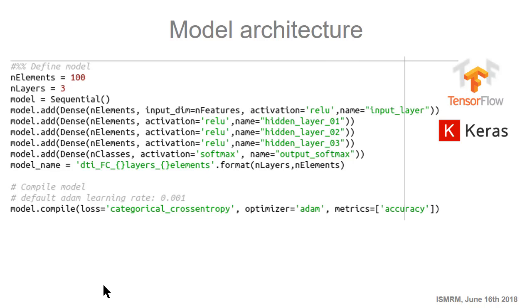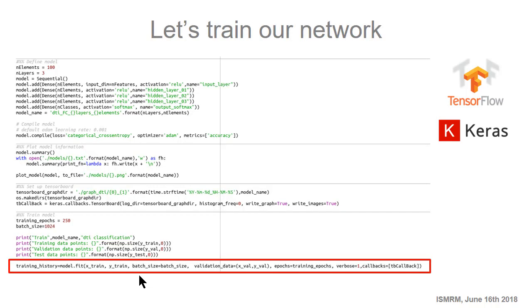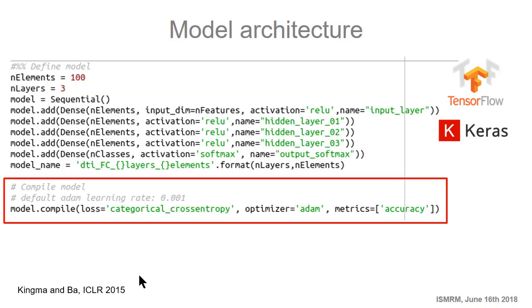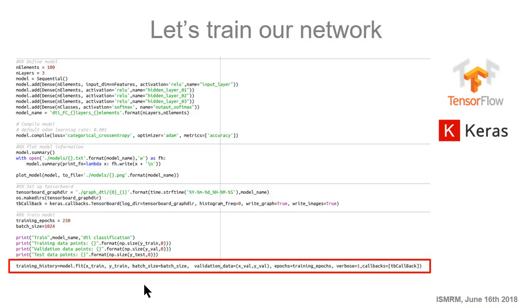This essentially builds your computational graph, puts your model together, and tells TensorFlow, which is below Keras, what optimizer to use and what loss function it should use. And then it's a single line. You fit your data to your model, and you're done.